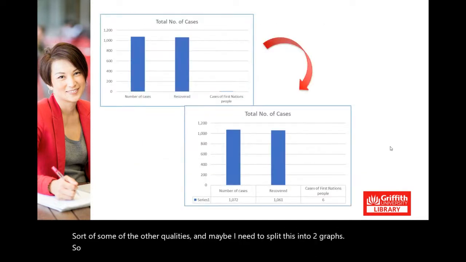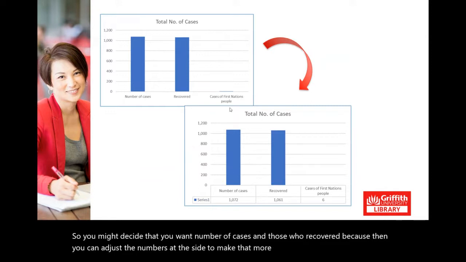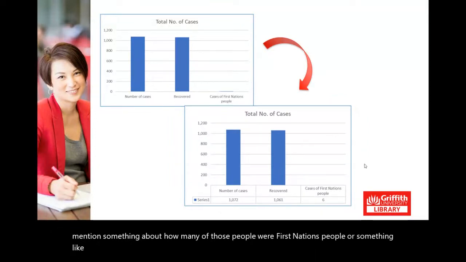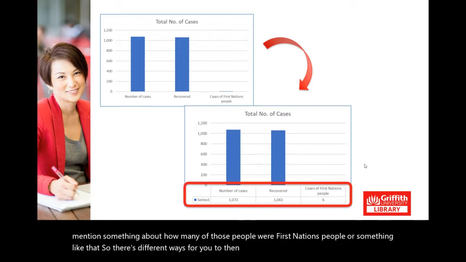So you might decide that you want number of cases and those who recovered, because then you can adjust the numbers at the side to make that more relevant. And maybe you want to mention something about how many of those people were First Nations people or something like that. So there's different ways for you to then present that information.